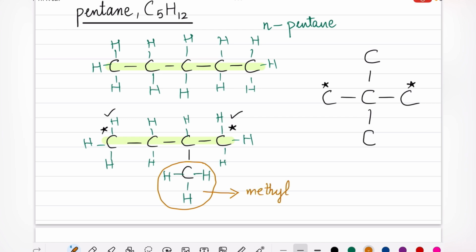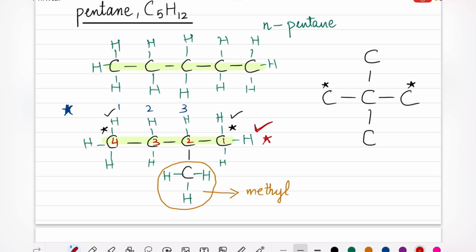The third rule is to start numbering the main chain from the side which is nearest to the branch. If I start numbering from the left side, the branch comes at carbon number 3. But if I start numbering from the right-hand side, the branch comes at carbon number 2. So which side is preferred? I will start numbering from the right-hand side.